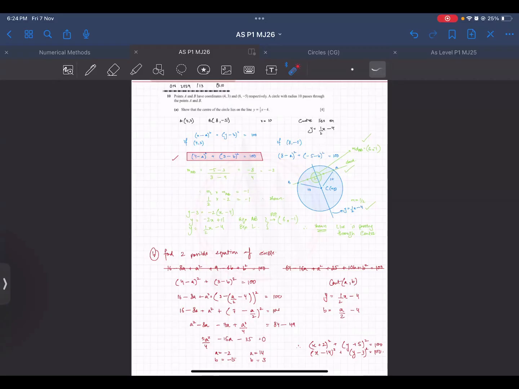It was getting more complicated. So then I thought about this line. This line is also passing through the center, and the center was a and b. So then I use these a and b as the center, and I substitute the y as b and x as a. So I formed another equation in terms of a and b, and then I solved them simultaneously.